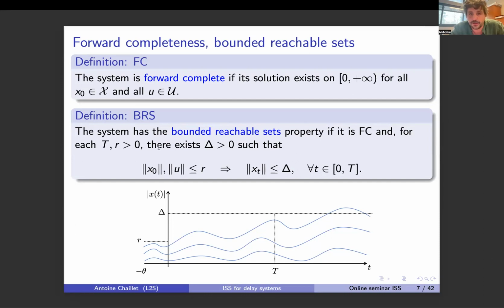So in mathematical terms, it's this: given any t and r, if x0 and u are below r, then for sure I will remain in some ball of radius delta for all the solutions produced from this range of initial states and inputs, provided that I work on a bounded time interval. Okay, so this is the diagram that you can have. I'm starting from a ball of radius r, and I can only reach a bounded set if I work on a bounded time interval.